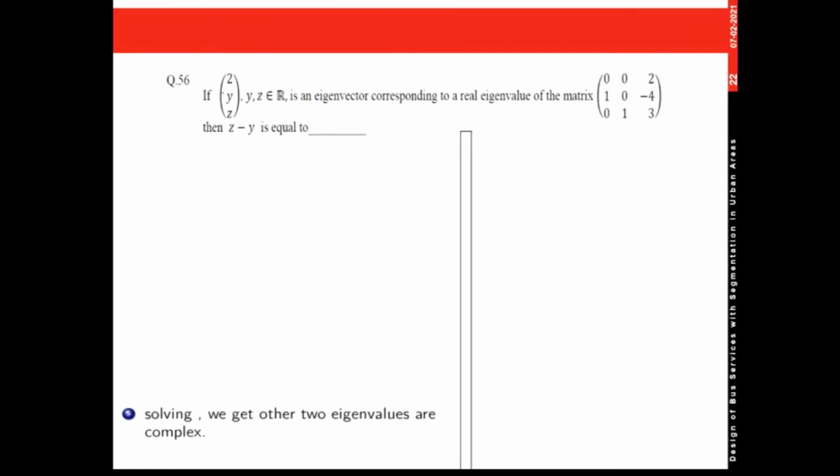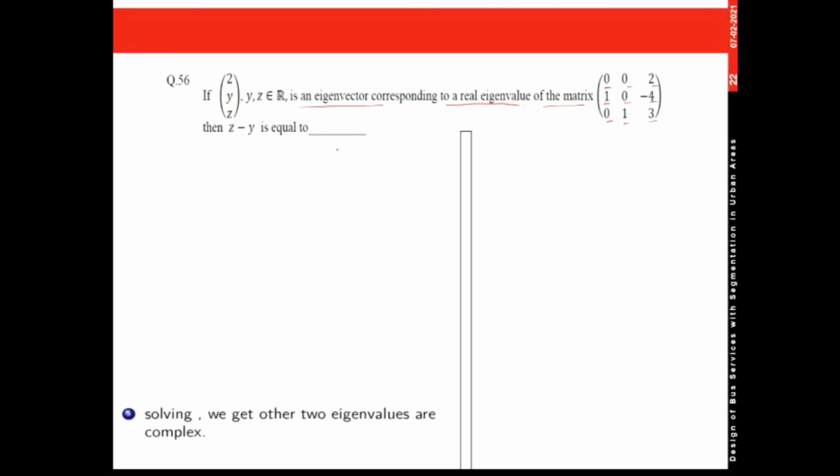So if (2, y, z) belongs to R is an eigenvector corresponding to a real eigenvalue of the matrix [0, 1, 2; 0, 0, 2; 1, 0, minus 4, 0, 1], I think I have done this question in the previous class also, because this is a very important question.